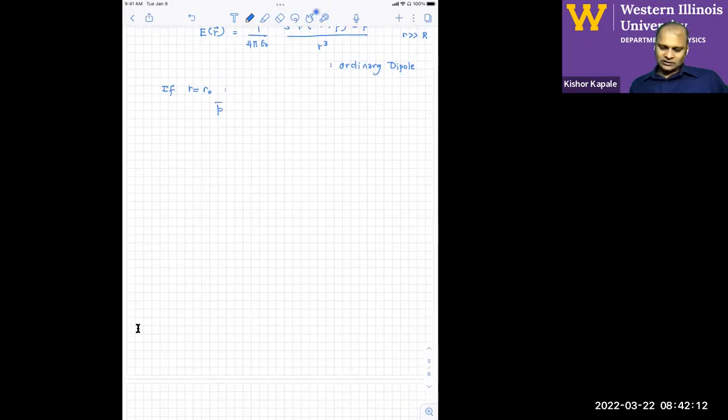In that case, the dipole moment is going to be -3 epsilon 0 integral d cube R E of R. Let me see, I think that I need to maybe fill in some details here. Give me just a second.